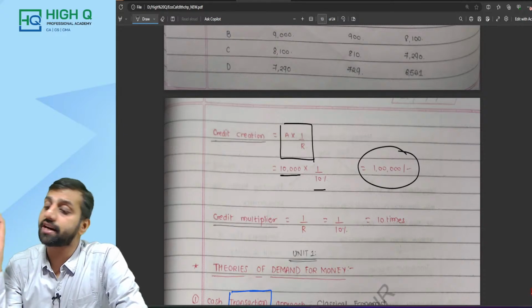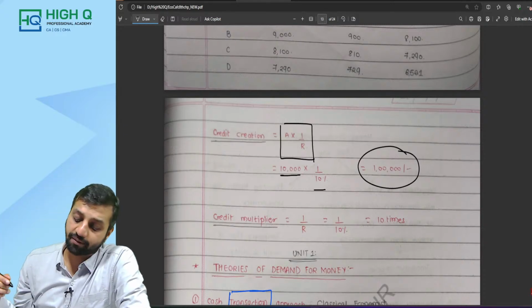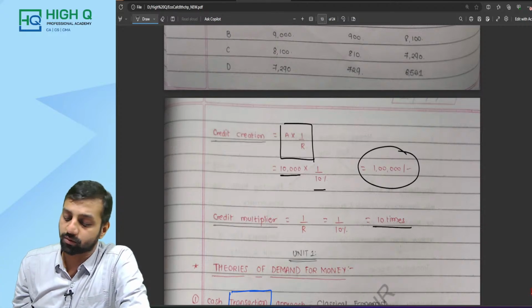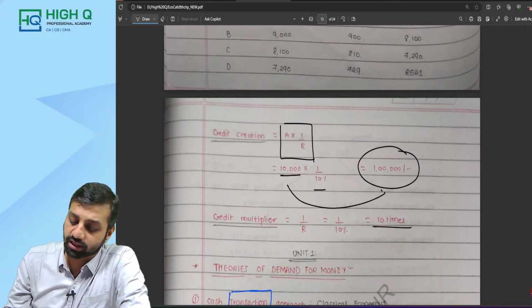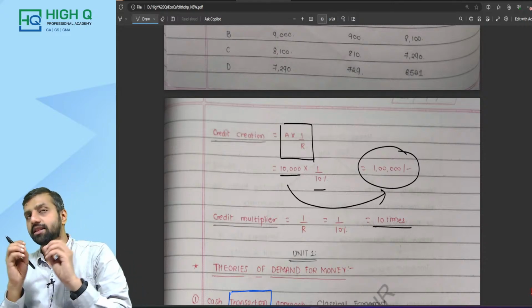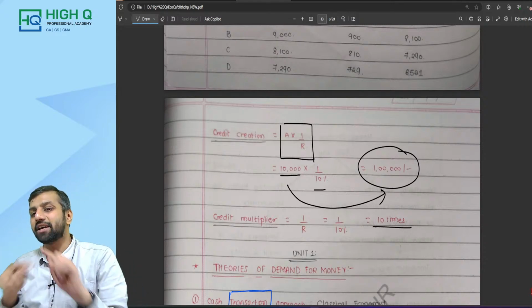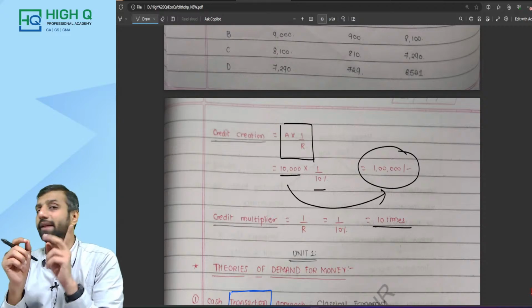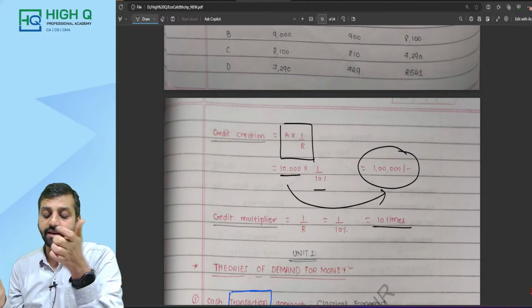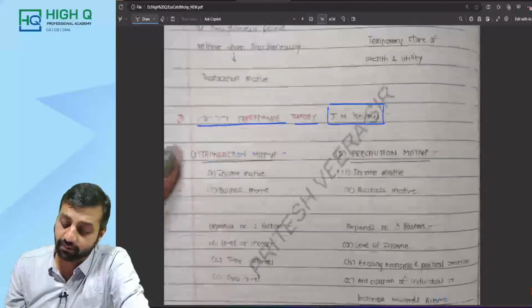And the formula for credit multiplier is 1 upon R, that is 1 upon 10%, which is equal to 10 times. So 10,000 in the banking system can become 1 lakh if the required reserve is 10%. So it means that 10 times is the value of the credit multiplier.